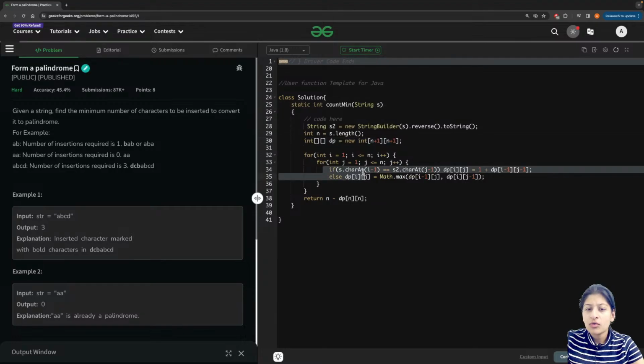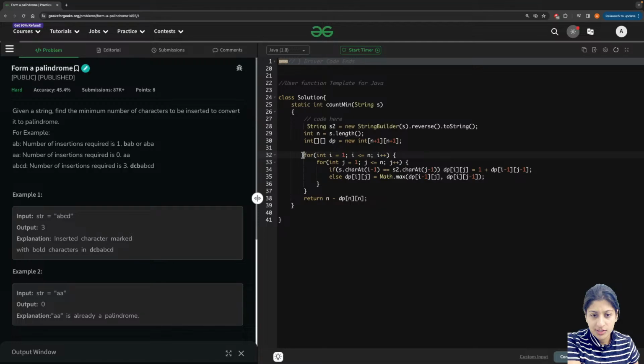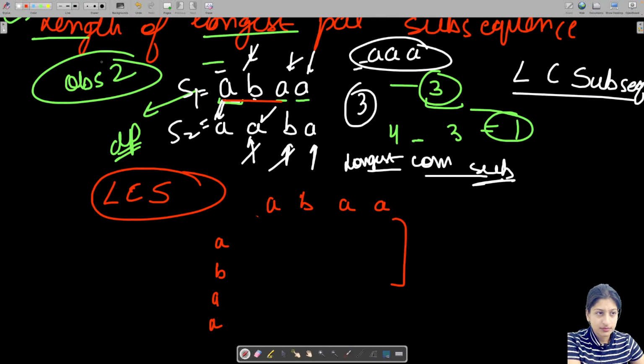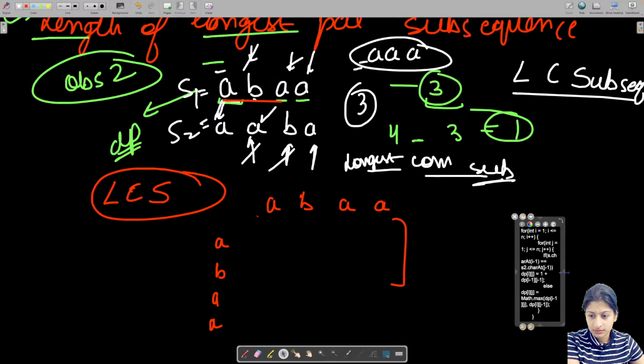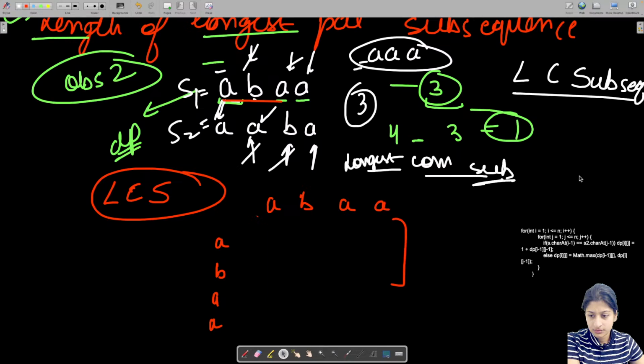Now whenever there is a match, you go ahead and iterate over. Let's do one iteration and you will understand. See, what are we going to do? I'll show you.